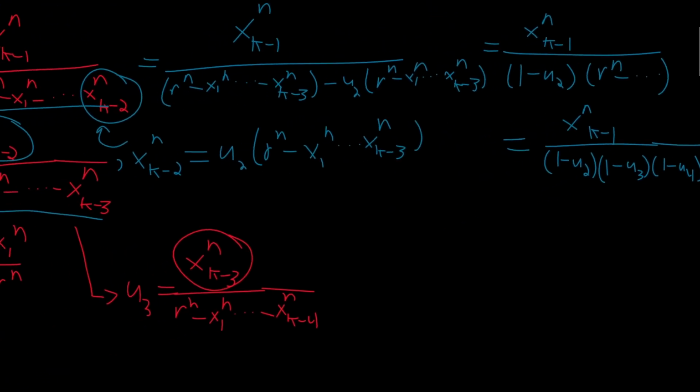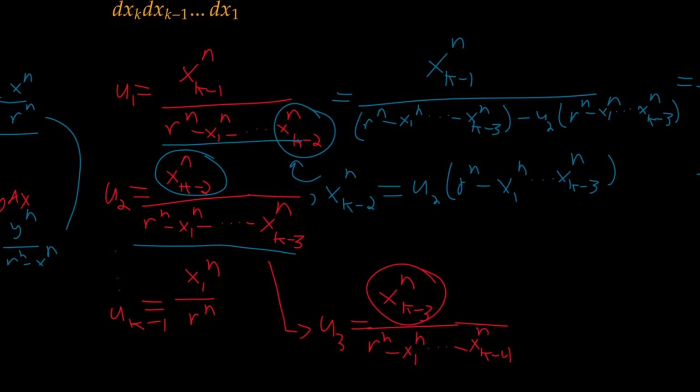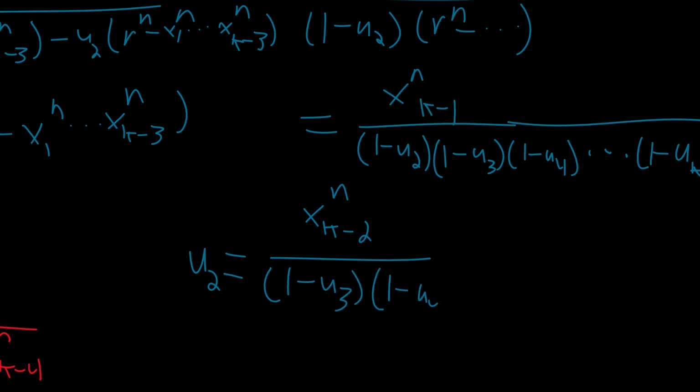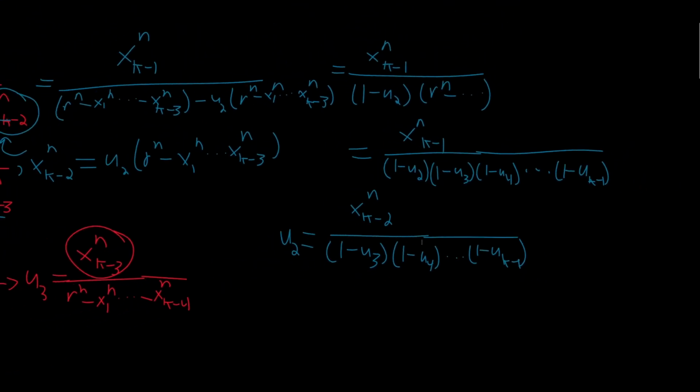For example, scrolling on over, we see u2, which I'll write in blue right here as well. u2 can be defined as x_{k-2}^n over 1 minus u3, and then 1 minus u4, dot dot dot, and then 1 minus u_{k-1}. It might not seem immediately obvious why this relation is important, but I'm getting there.